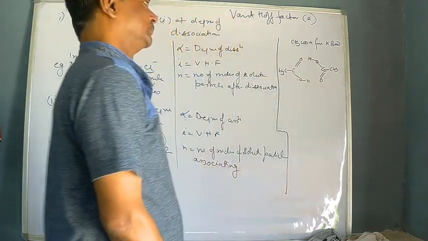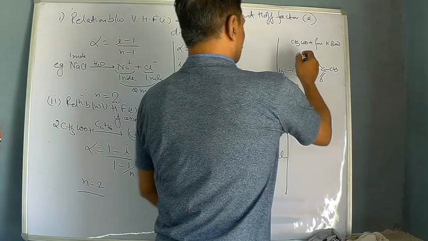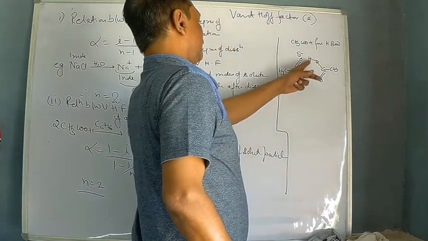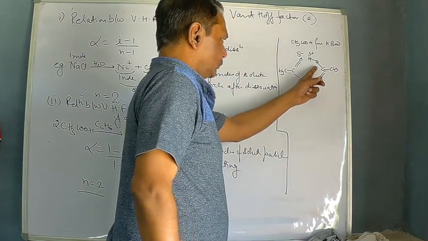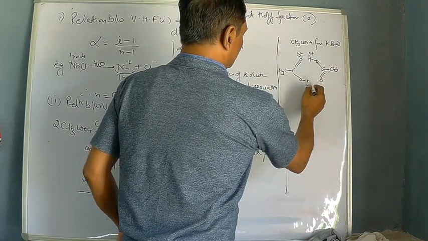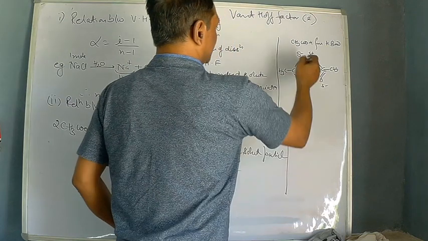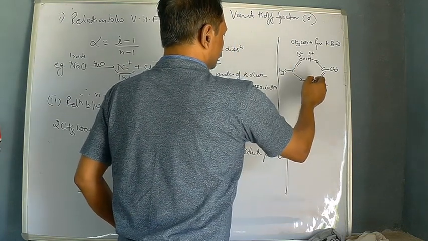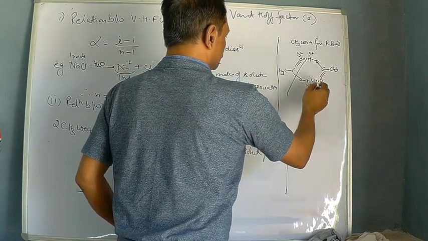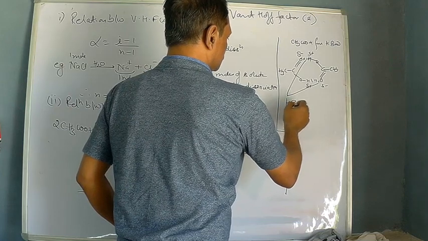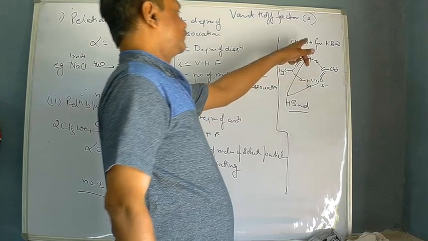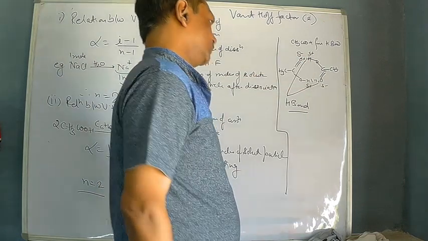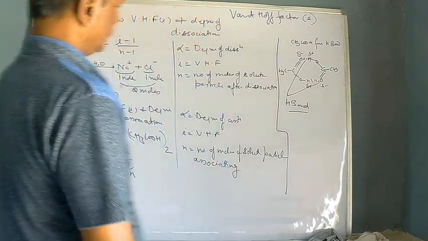Another acetic acid. O, highly electronegative. H, less electronegative, so it will develop positive charge because here is again O. Similarly here, H will develop positive and O will develop negative charge, and now they are going to form hydrogen bond. Students, this diagram must be shown in your fair register.